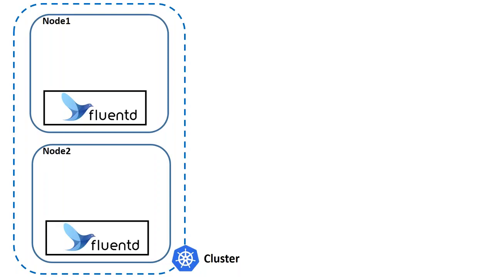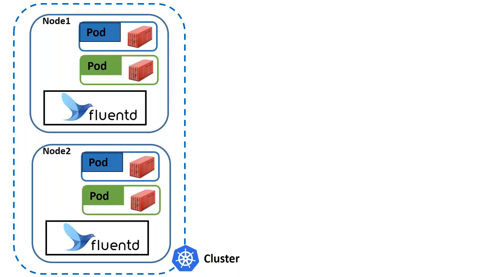So when you run this utility on each and every machine in your cluster, whenever a pod comes up, FluentD will be reading the information from it. If a container is running, whatever output it is giving, FluentD will be able to read each and everything dynamically.